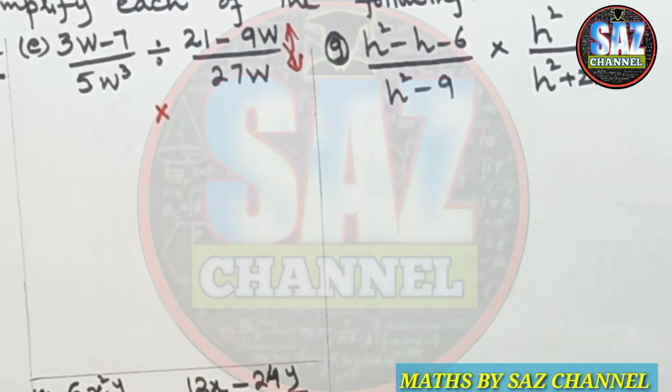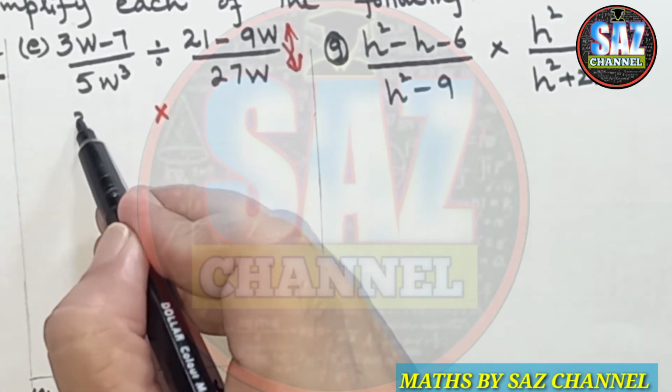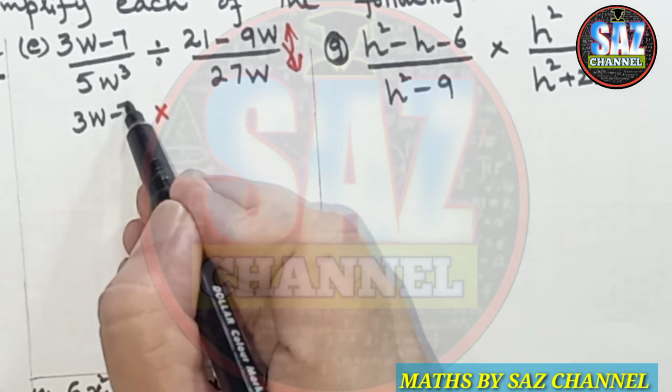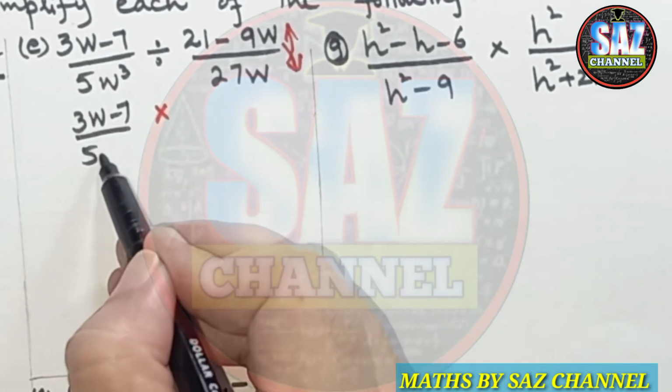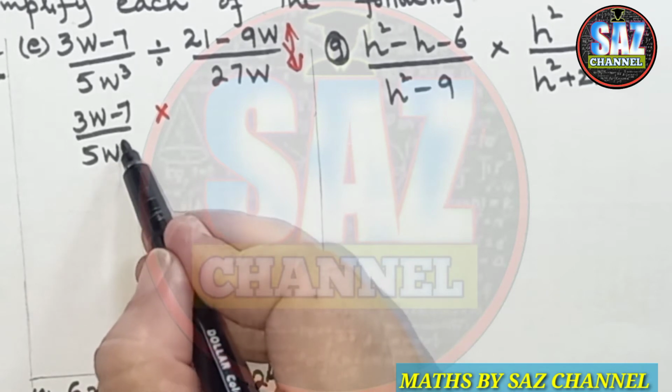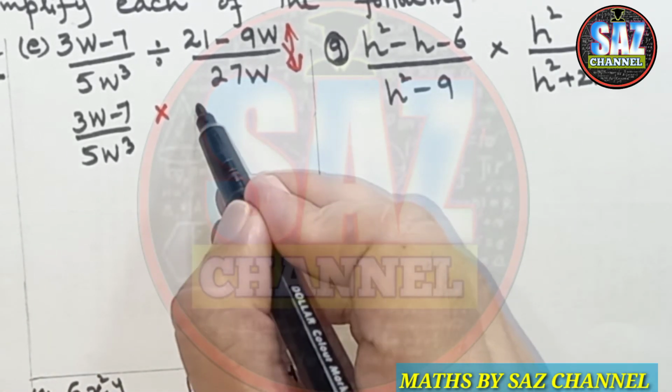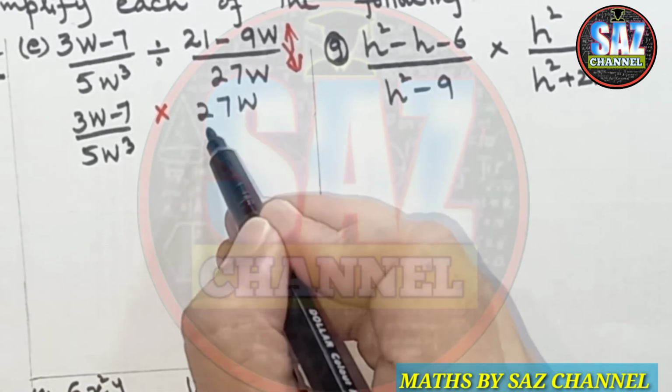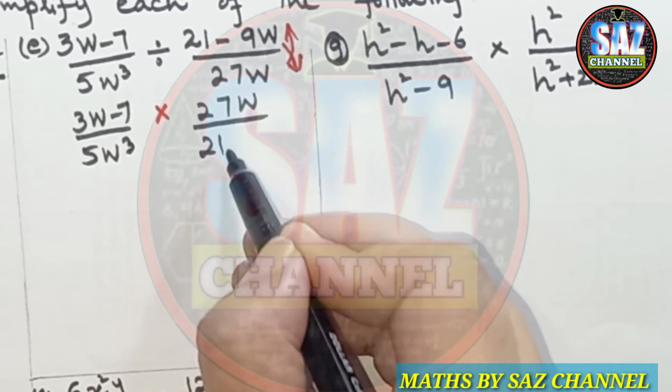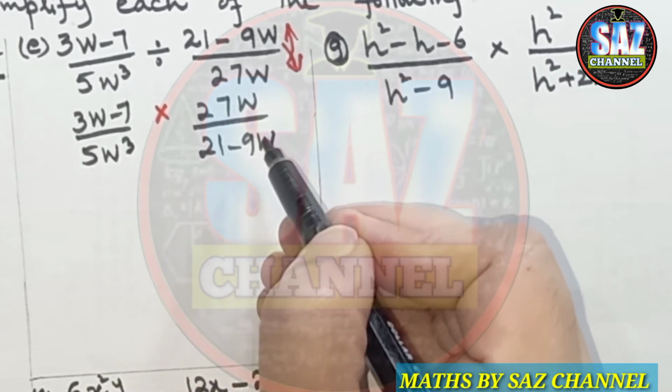So it will take the form 3w minus 7 upon 5w cube multiplied by 27w upon 21 minus 9w.